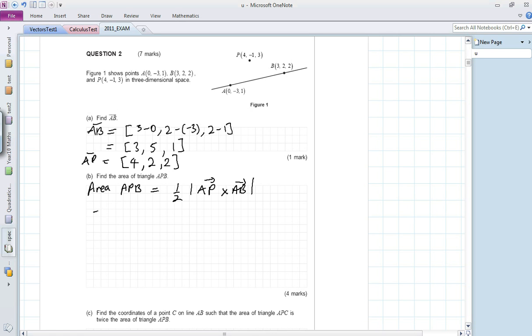So putting all this back into here, we're going to have a half of the determinant with i, j, k. I need to use the correct notation, and we put in the vector AP first, 4, 2, 2, then 3, 5, 1.